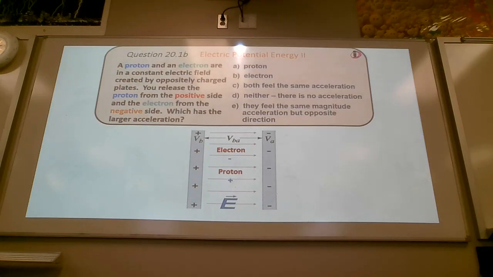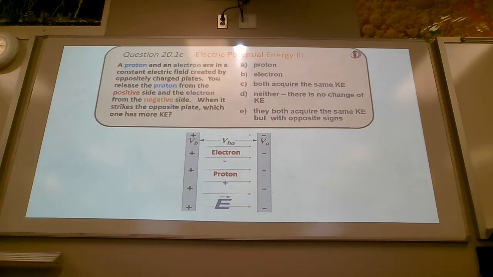Which one has a larger acceleration? Think. Tell your neighbor. Tell them why. Correct answer is B, electron, because it has less mass.